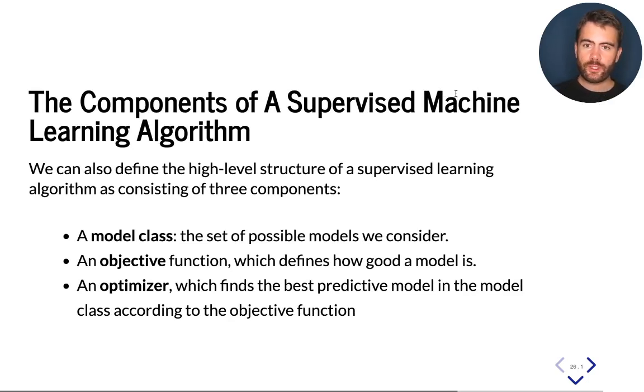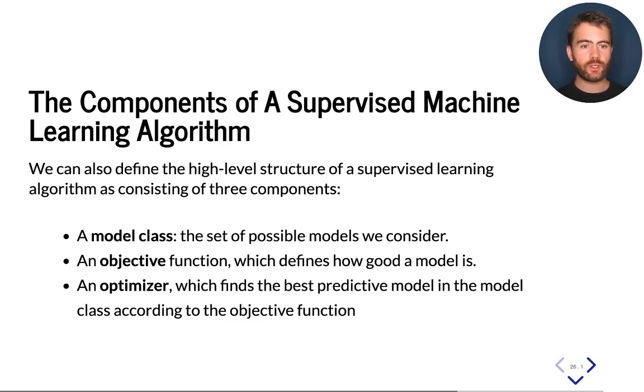So similarly to how we defined certain structural components of a supervised learning data set, we can define the components of a supervised machine learning algorithm. And at the highest level, we can think of a supervised machine learning algorithm as having the following three important components.